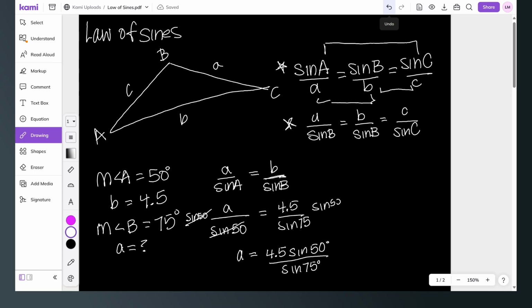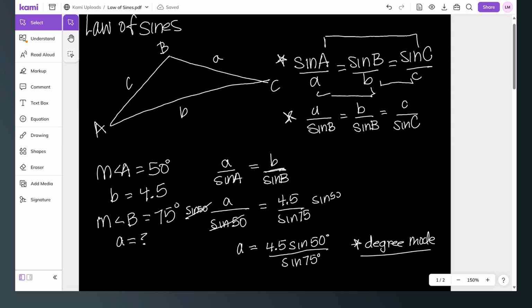I'll put this on my calculator. Make sure you're in degree mode, because we are working with degrees. If you're using Desmos, remember to click the wrench and change it to degree mode, and that will give you side A.